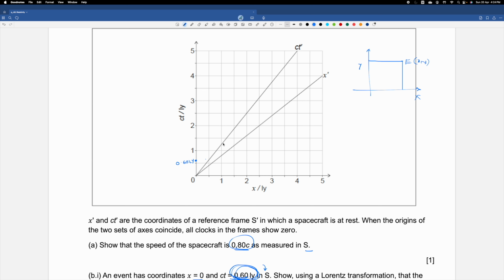Since I'm locating this coordinate on ct prime, which is your y-axis for S prime, you will draw a line parallel to the x-axis of S prime and see where that line intersects ct prime. So let's do it. I'm going to draw a line parallel to my x prime. As you can see, that line is parallel to my x prime, and this is where it intersects, and that is my point P. Basically the coordinate 1.00 light year.